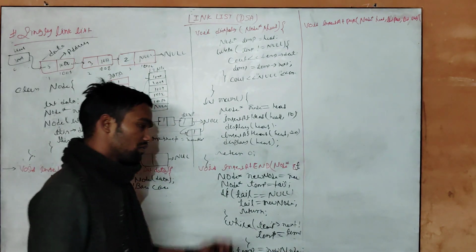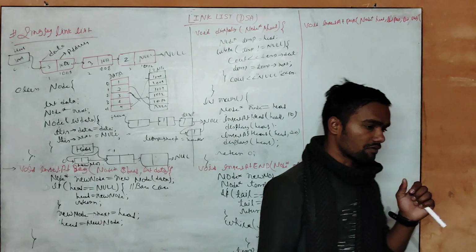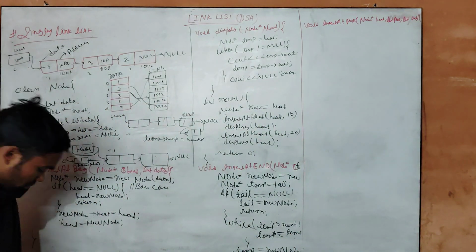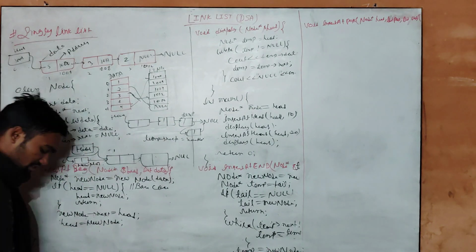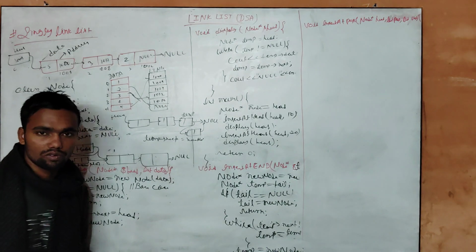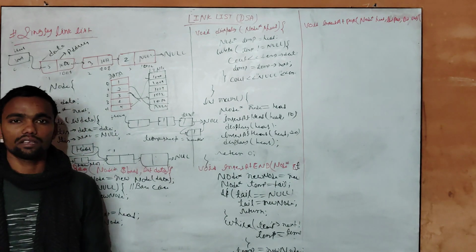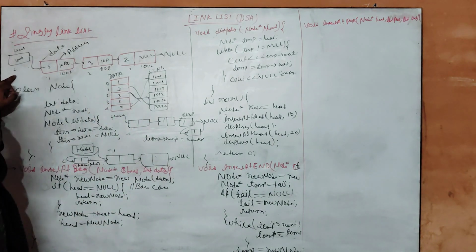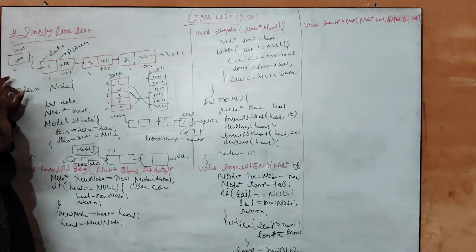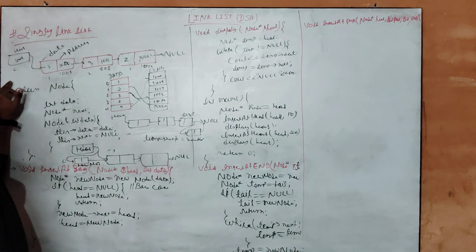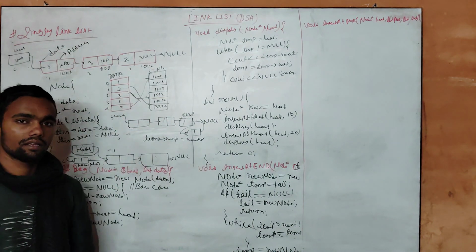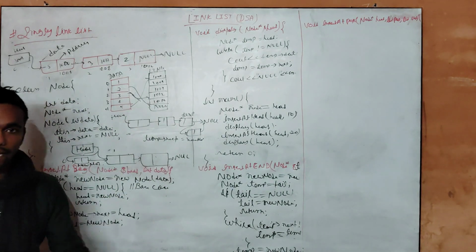Now I'm going to first check one condition, the base case for position. How can I check the position? If position is equal to 0, then what will you insert here? Suppose your position is equal to 0, then new node is equal to head. Our position is 0, so it will be inserted at the head.